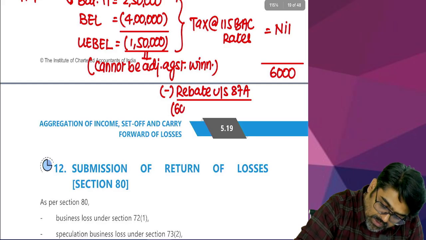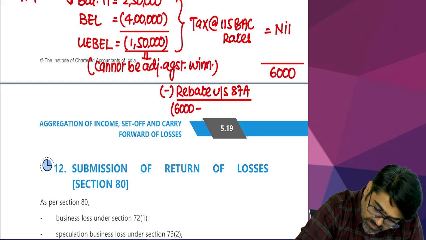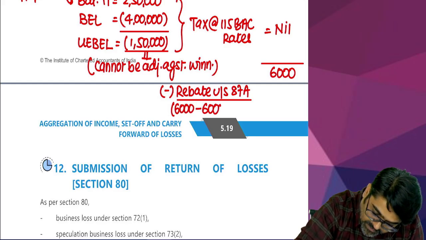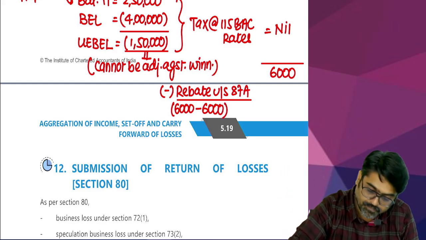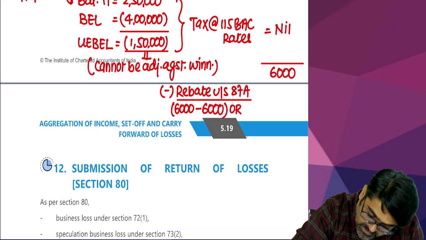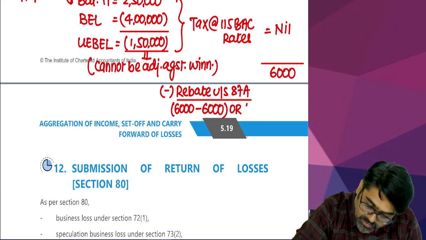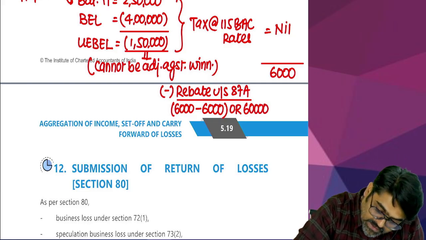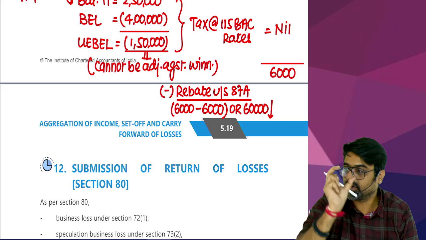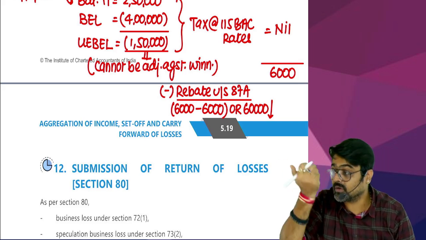So first, what are you going to do for rebate? You take your total tax. Out of that you reduce tax on special incomes, because tax on special income cannot be taken as rebate. The balance tax which will remain will be allowed as a rebate subject to maximum 60,000. Yes or no? Whichever is lower. So nil or 60,000, whichever is lower.